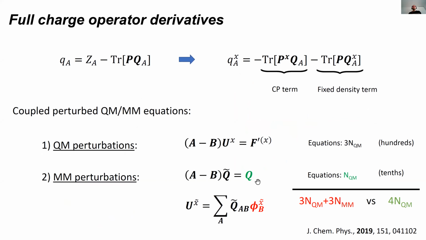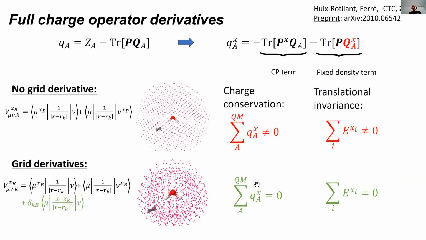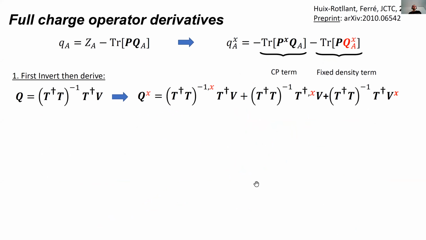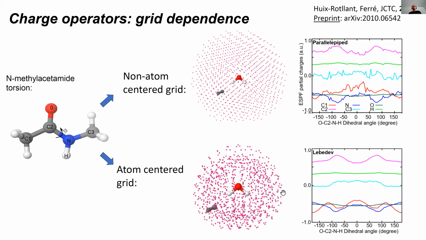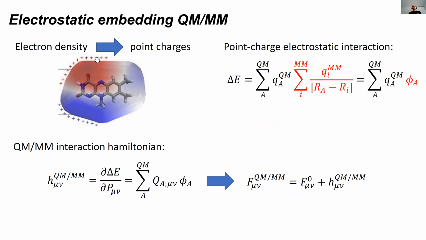And then in ESP, I just showed the lowest order in the electrostatic expansion, but you can map the electron density not only to point charges, but also to dipoles, to quadrupoles, and so on. So that makes it much more compatible with, for example, polarizable embedding. And so all these efficiencies are still kept.